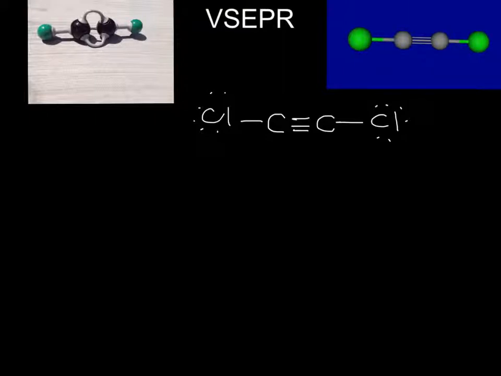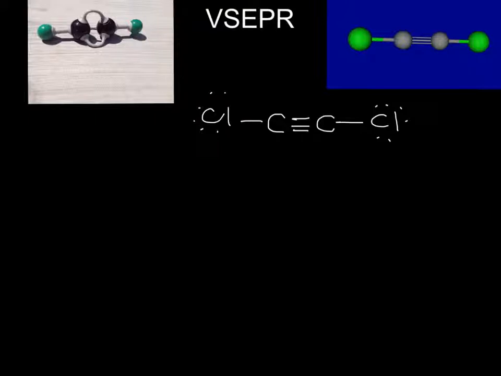Okay, so to determine the shape that our molecule is going to have as a VSEPR diagram, we need to look at our central atom, which in this case could either be this carbon or this carbon right here. Wouldn't really matter. They both have the same types of bonds. But either way, we can see that this one has a single bond right here and a triple bond right here.